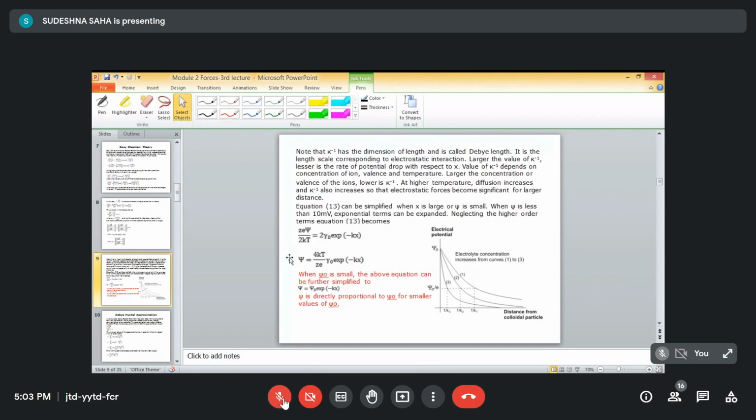So this is the final form of the potential, how it will actually change, when x is large and psi is small.